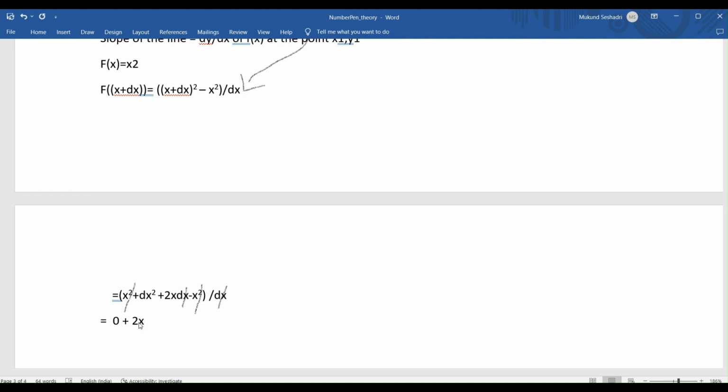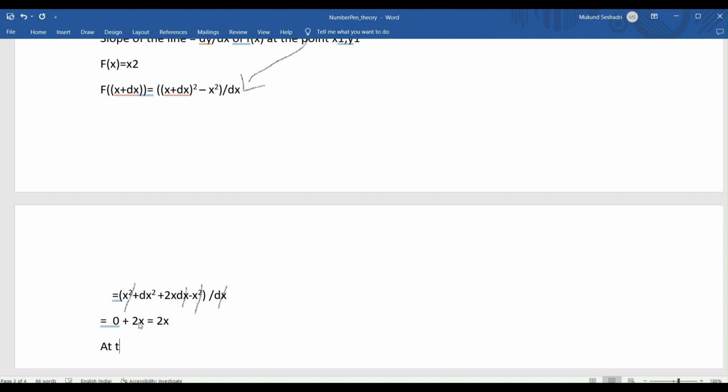So for the function y equals x square, the slope at any point on the curve is given by dy by dx of f of x, which is x square in this case, which is nothing but 2x, right?